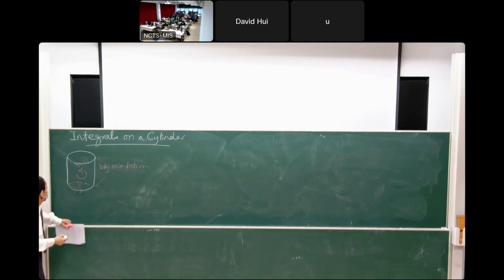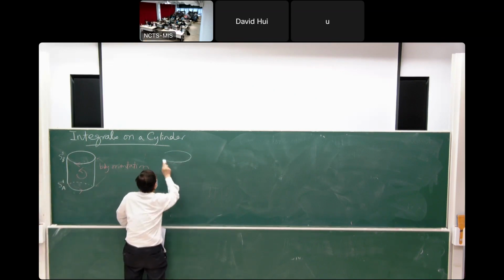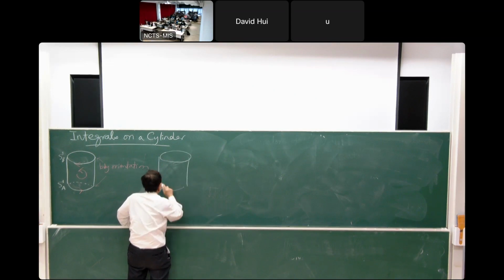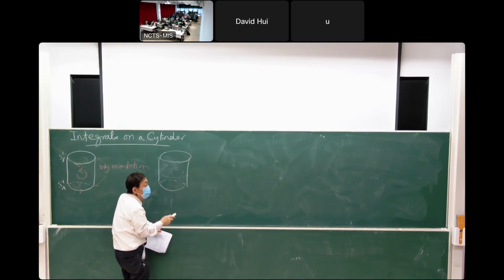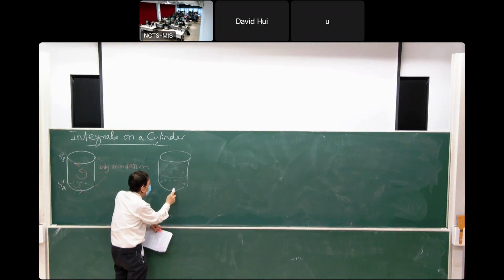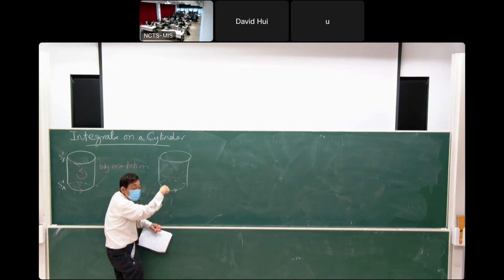And let me call this circle S1A and this circle S1B. Right? Now, normally, on the cylinder, I'm going to orient all the circles consistently.